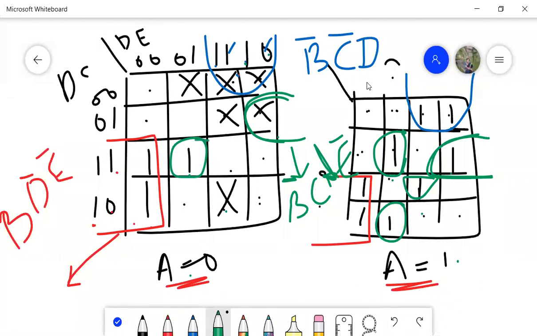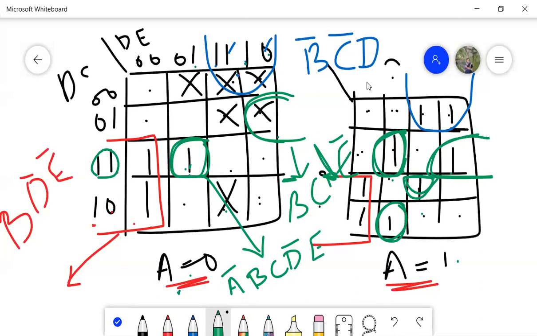Now what is left out? These single minterms you have to write the solution for. This will be equal to, since it is in the A bar matrix because A is 0, B, C, because this represents 1 and 1 over here, and on the top it represents D bar E. Similarly, for this matrix, you can write this one.